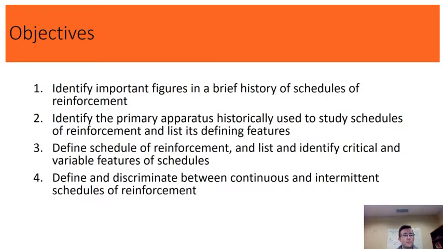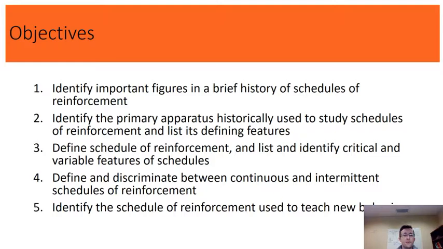Then define and discriminate between continuous and intermittent schedules of reinforcement, and identify the schedule of reinforcement used to teach new behaviors. In this first video part, we are going to largely focus on the first two objectives.